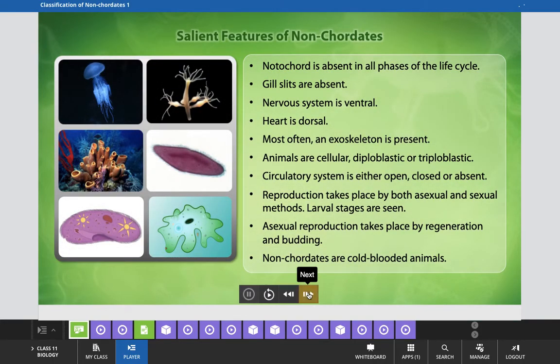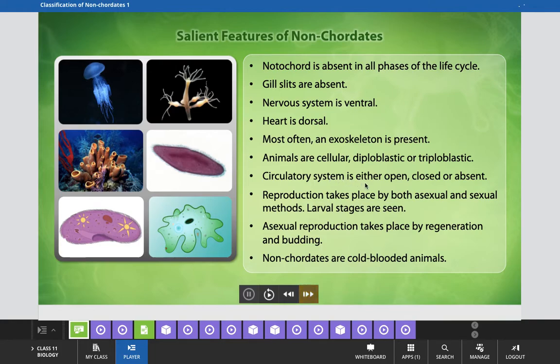Now again, have a quick recapitulation of all the salient features of non-chordates as we have discussed. Notochord is absent in all phases of their life cycle. Gill slits are also absent. Nervous system is ventral. Heart is dorsal. Most often, an exoskeleton is present. Animals are cellular, diploblastic or triploblastic.